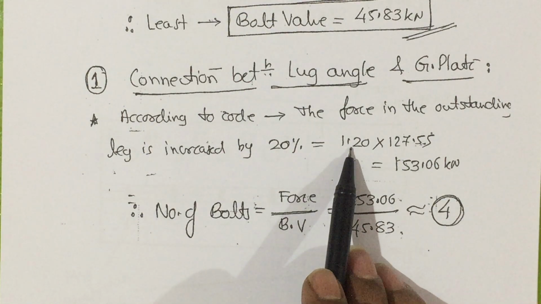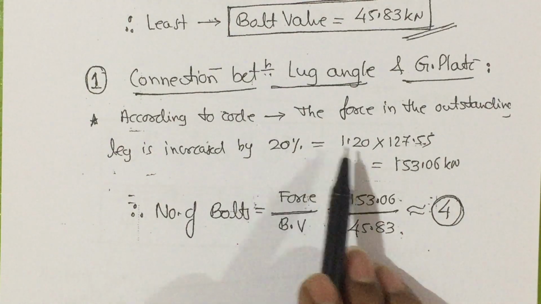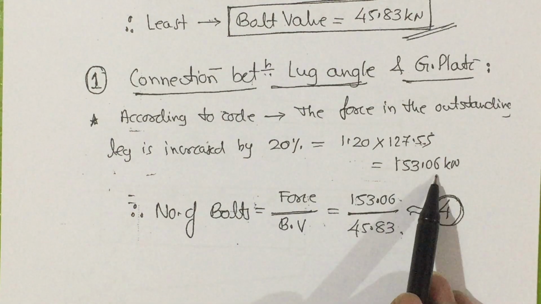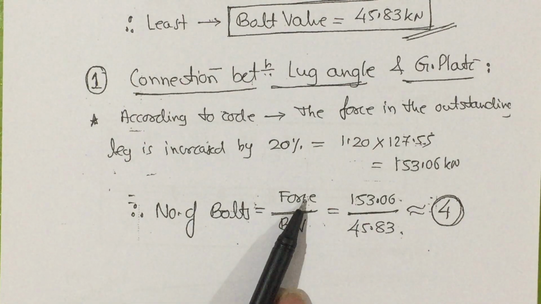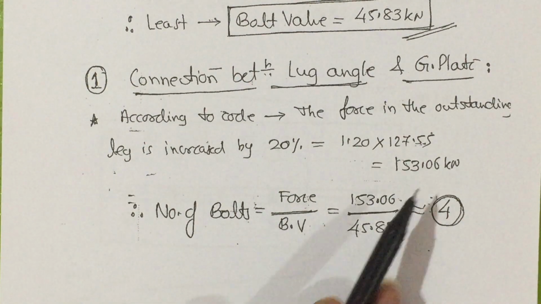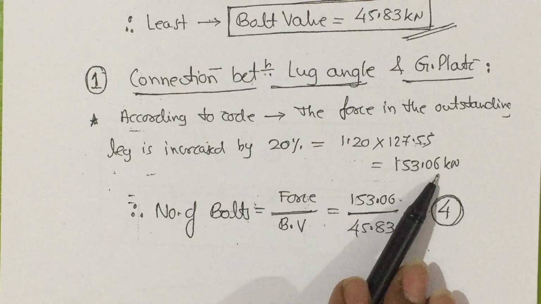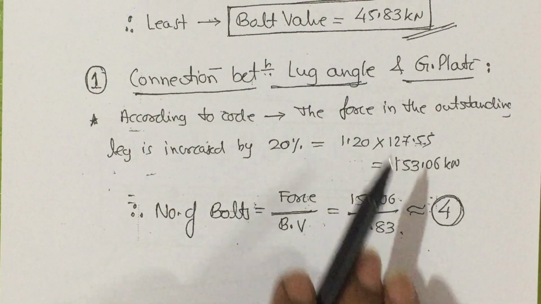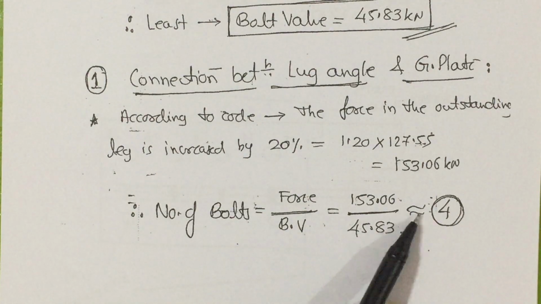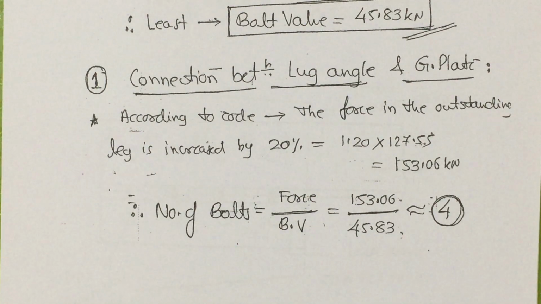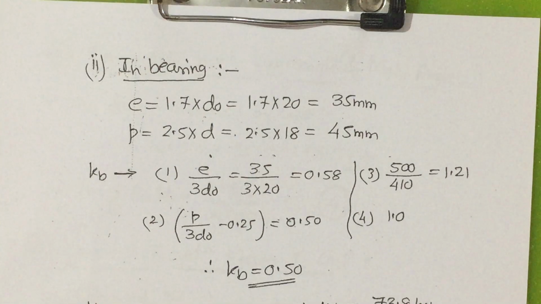Multiplied by 1.2, you are going to get 153.06 kilonewton. Therefore, number of bolts is force divided by bolt value. Force is 153.06, bolt value is 45.83. Whatever value you get, round up to the highest number, that is 4 bolts approximately.